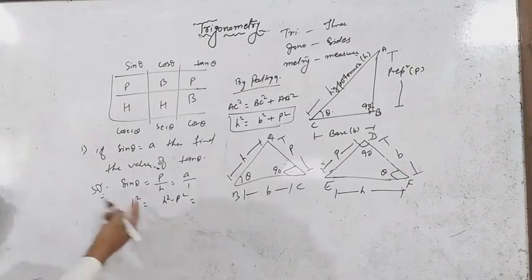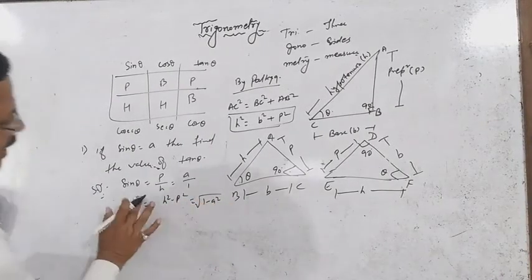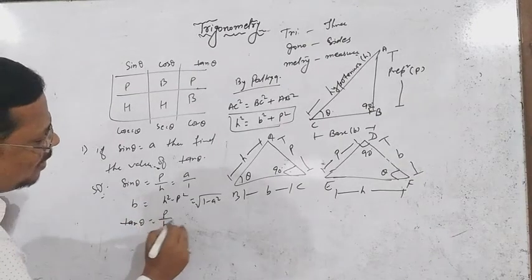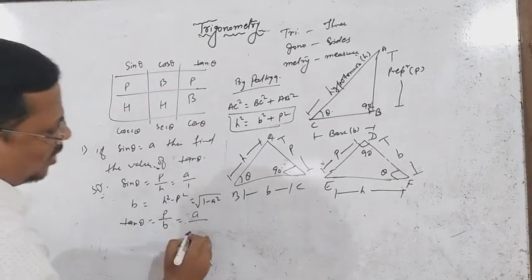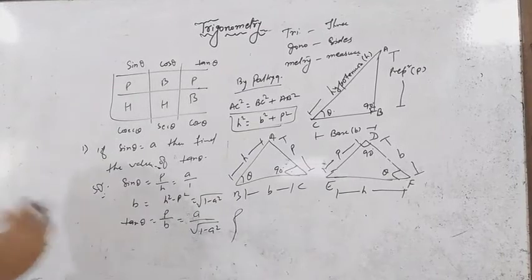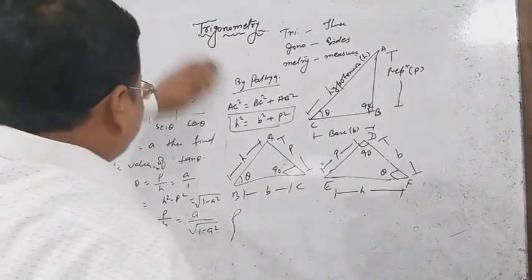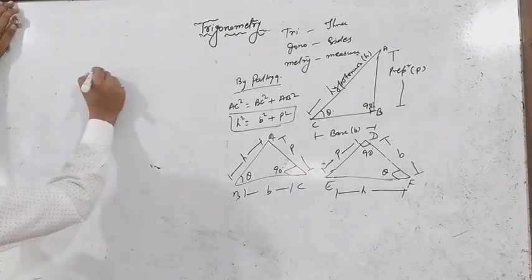That means H is given 1, P is a, so a square, and that gives B square. Find tan theta equals P by B, where P is a and B is root under 1 minus a square. This is the answer.